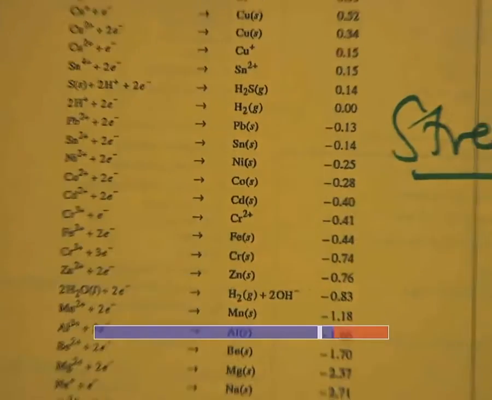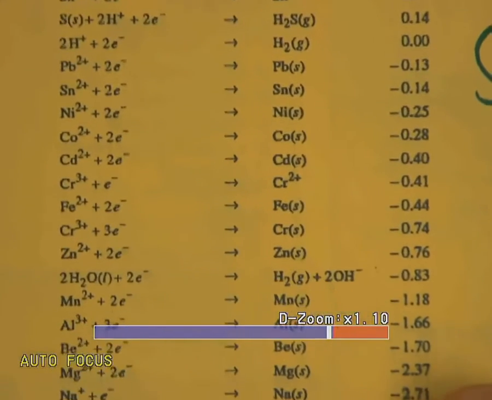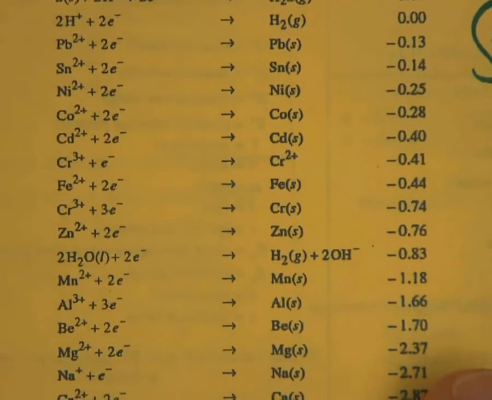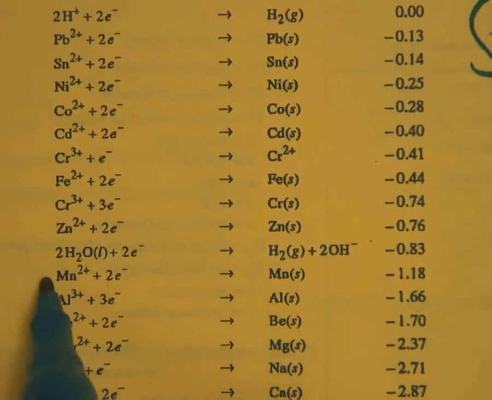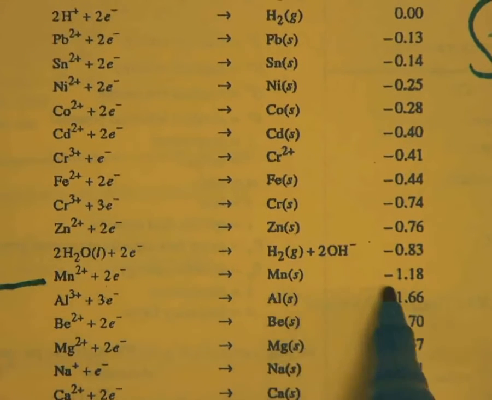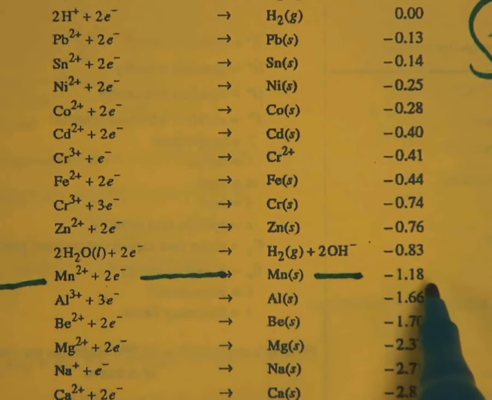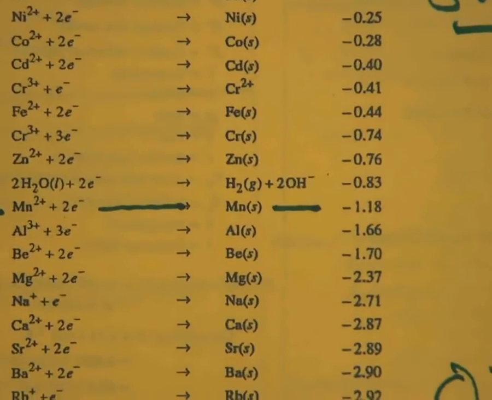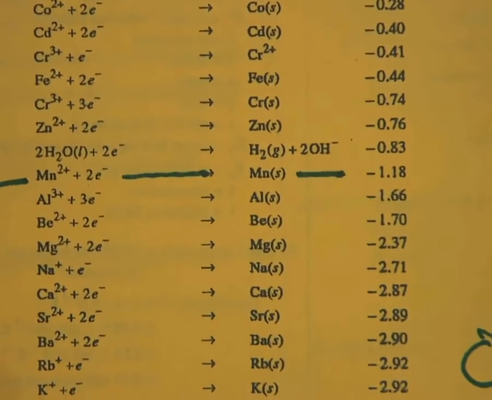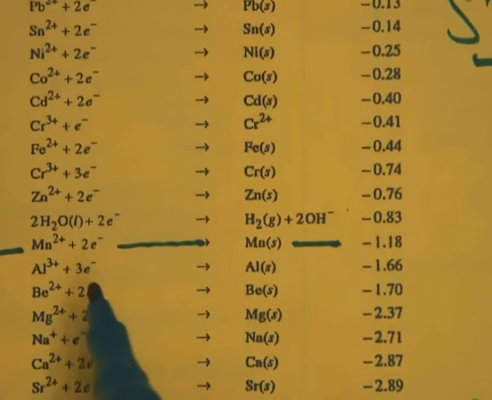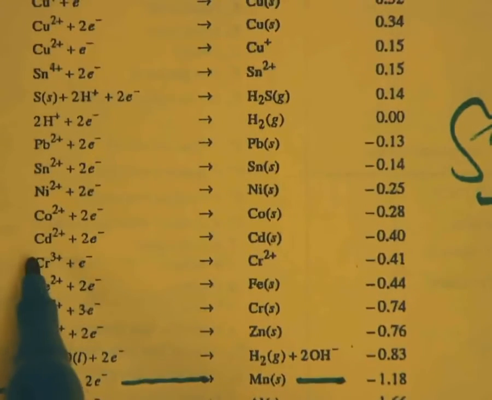If you look down towards the middle of the chart, you'll find manganese right here, with a standard reduction potential of gaining 2 electrons of -1.18. The second one is cadmium. That's a little too zoomed in, but we'll find cadmium too. It's just above it a little ways right here.